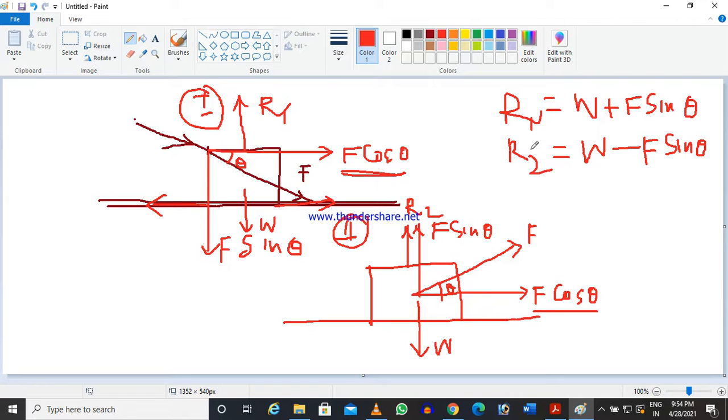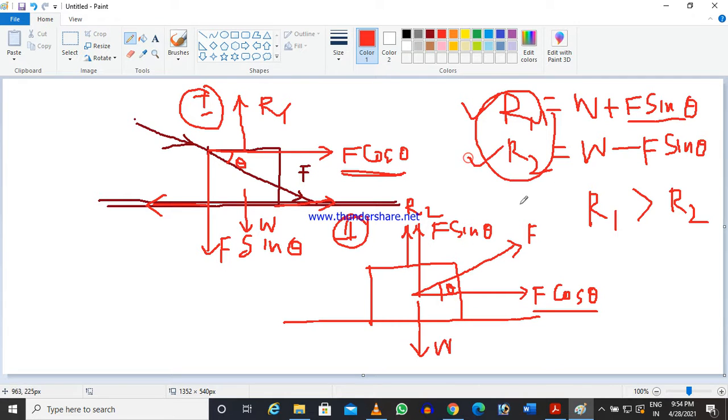So you see, from these quantities R1 and R2, which one is higher? Definitely R1 is greater than R2, because in case of R1, F sin theta is added to W, but in case of R2, F sin theta is subtracted from W. So R1 is the greater quantity and R2 is the lesser quantity.